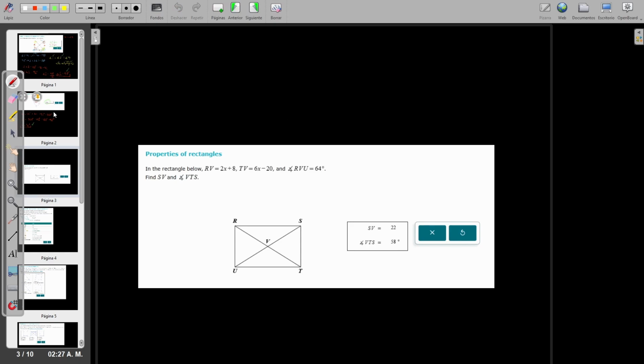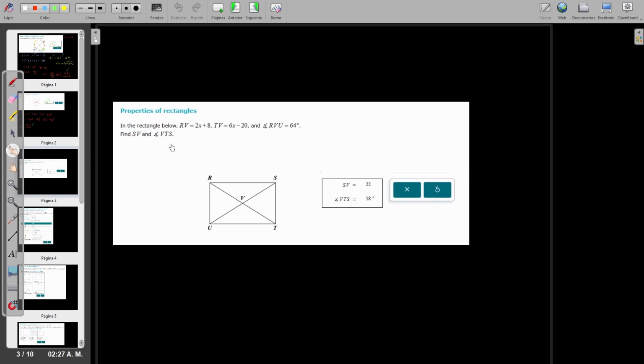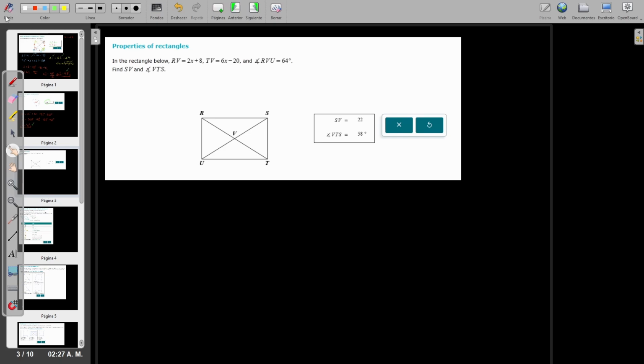Okay, now for this problem, it's going to be the property of rectangles. In the rectangle below, RB, meaning this one and this one, equals 2x plus 8. TB, this one and this one, equals 6x minus 20.